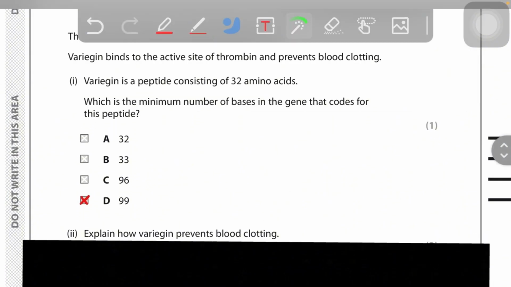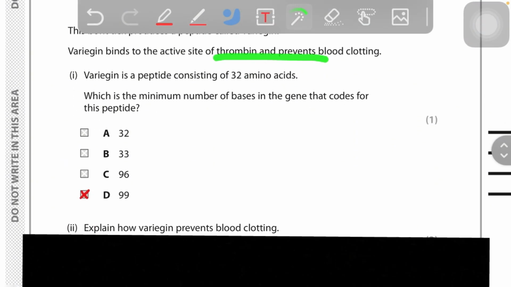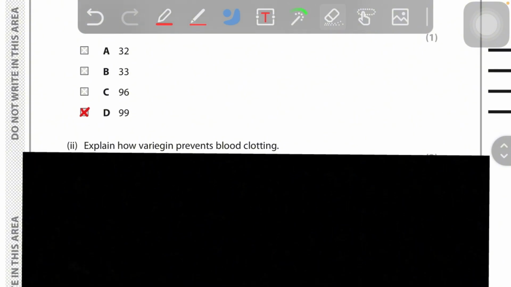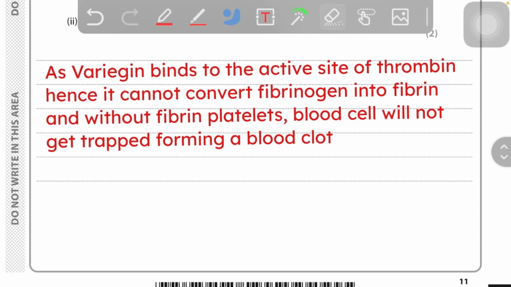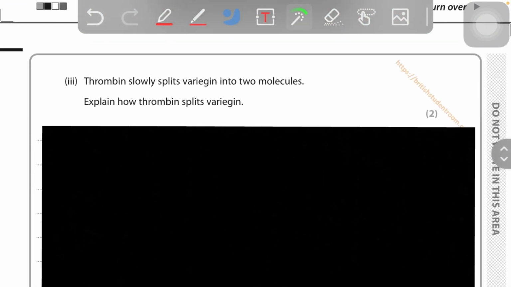Without fibrin, the platelets and blood cells will not get trapped, forming a blood clot.